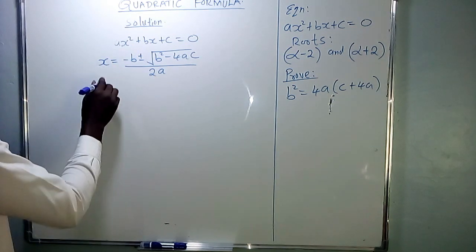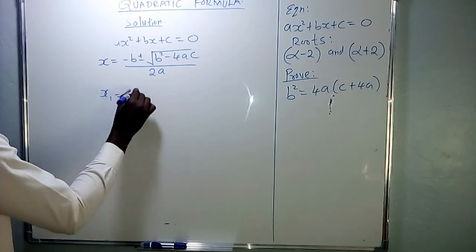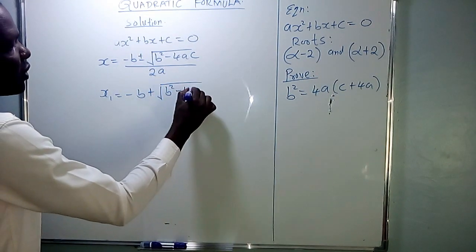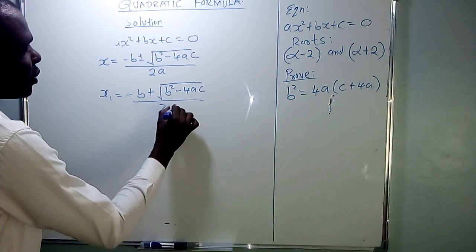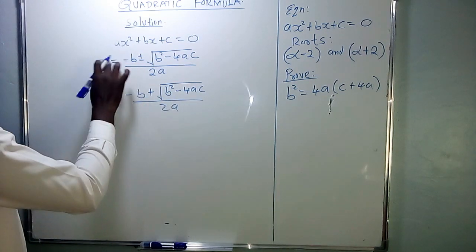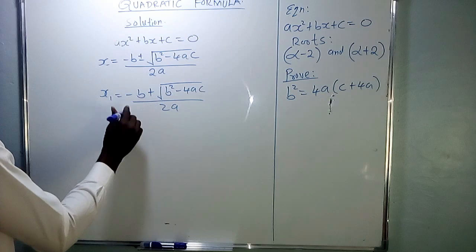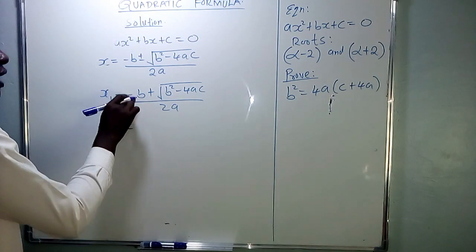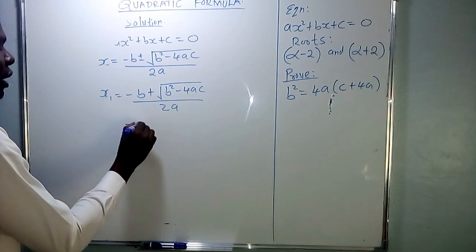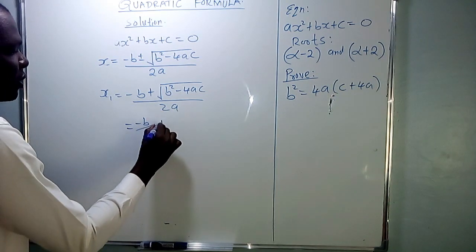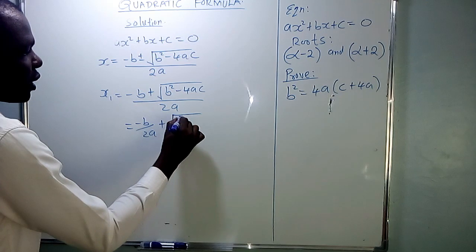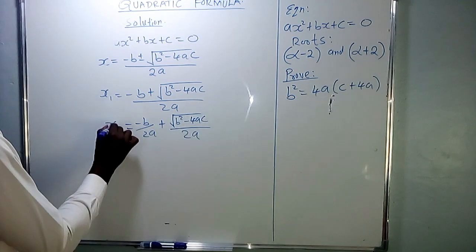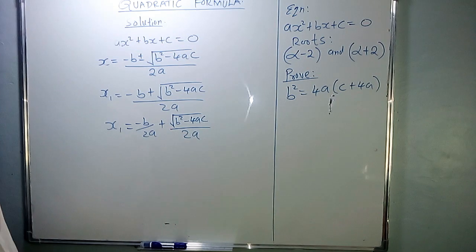The first root here, x1, is negative b plus square root of b squared minus 4ac over 2a, isn't it? So you can see 2a is a common denominator. So it implies we have minus b over 2a plus square root of b squared minus 4ac over 2a. So that is the first root of that quadratic equation.